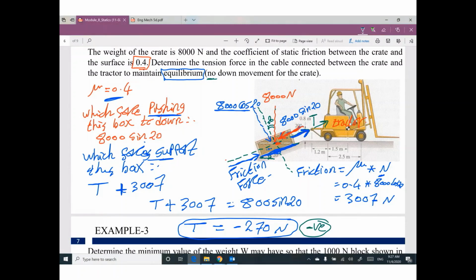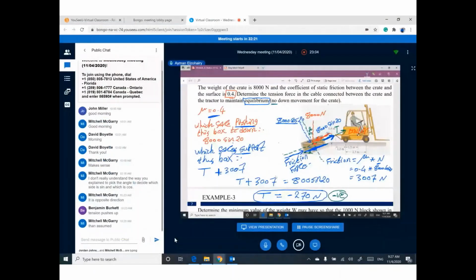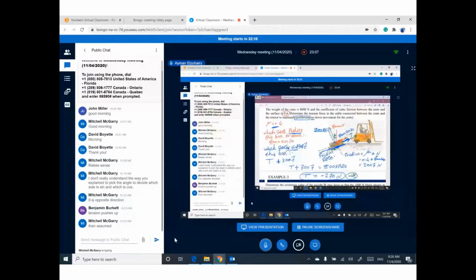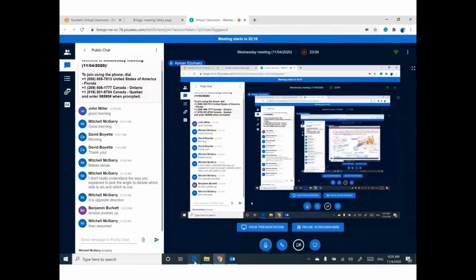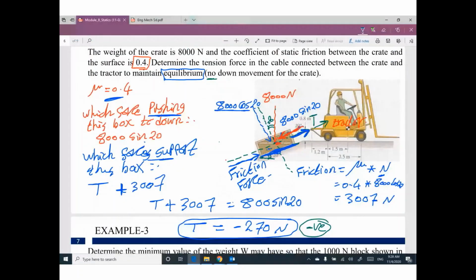What is the meaning behind this conclusion? I know if you got a negative value, you assumed the wrong direction. That makes sense. Okay, so I assumed T in this direction to support this box, and I found the value of T is negative. That means T should be in this direction.